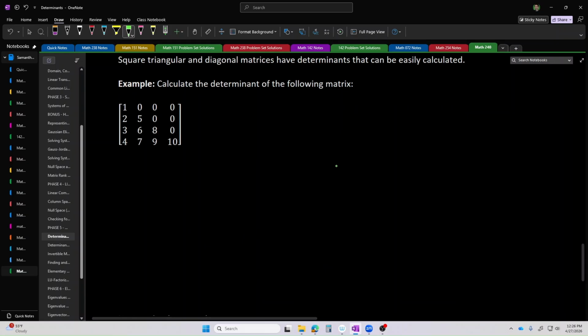Okay, well, if I go through the 4 by 4 determinant method, I would start by extracting this value 1 in the upper left position here. And I would multiply that by the determinant of the 3 by 3 matrix left behind.